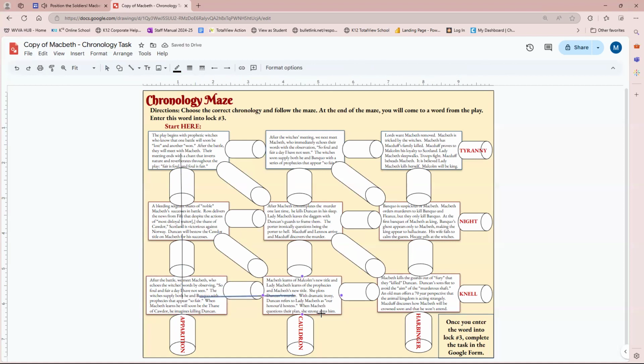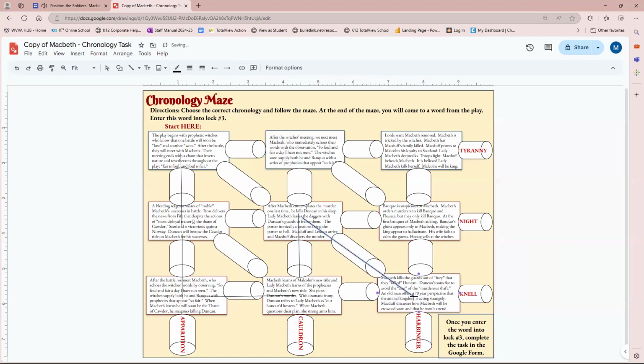Right? He learns that Malcolm's new title, that he's going to be named king. The next one, he kills the king. So we've got to go up. The next is diagonal.